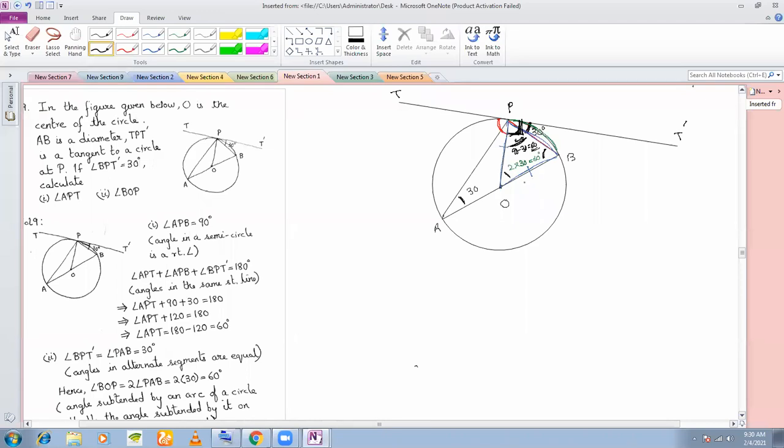And lastly, you have angle BOP. Before that, let me just finish writing this. First of all, we write OP is perpendicular to PT dashed because the radius is perpendicular to the tangent at the point of contact.